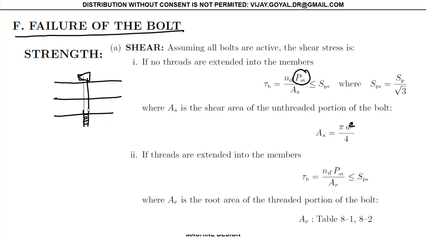However, if it does extend into the threaded area for some reason, so what I mean is if this does go something like this, in that case this portion also has to be evaluated, and then use the area of the root, which comes from your tables A1 and A2 portion of the bolt. This is the only thing that will be different between this and this. Okay.